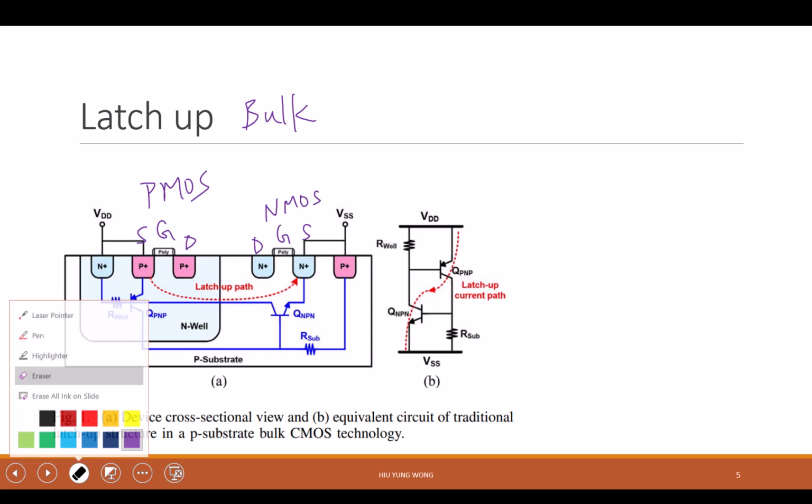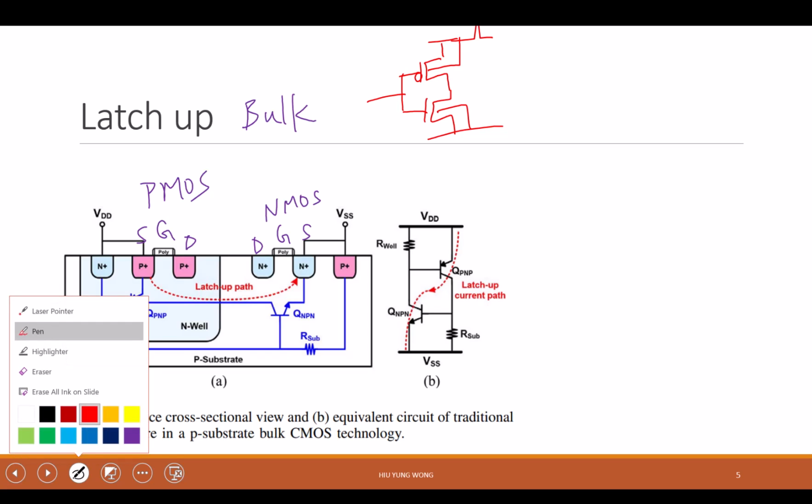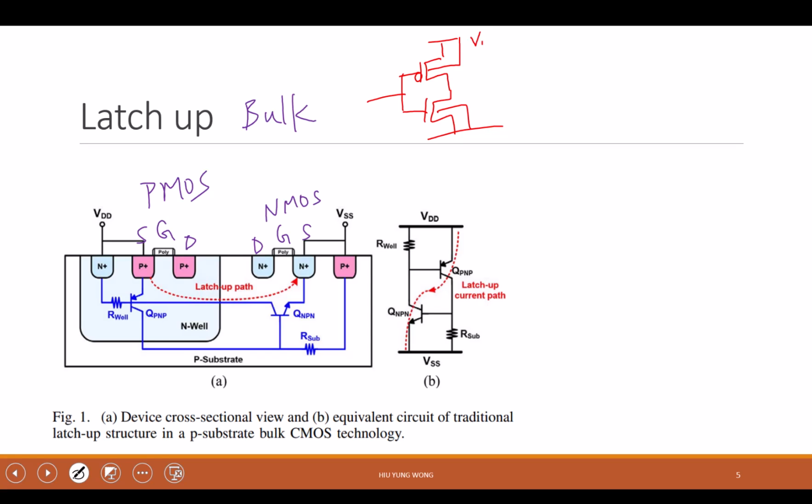So for those who are familiar with circuits, this is something like this. Let me just use circle to represent PMOS, right? So this is like this. Okay, so on the top is the VDD, right?